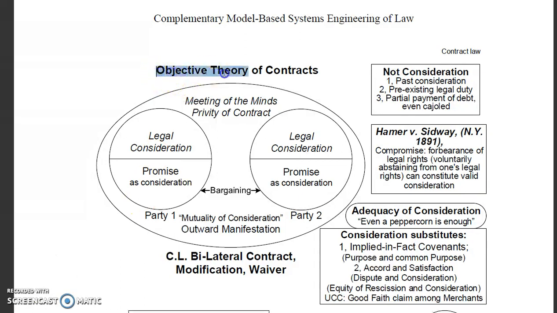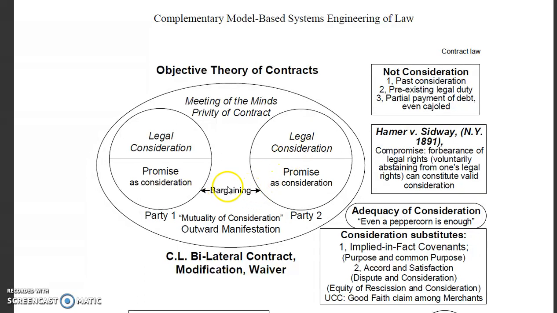Under the objective theory of contracts, which is in common usage, the elements that are necessary are that party 1 makes a promise that can be considered legal consideration to party 2, who makes certain promises and provides consideration that is legally recognized.